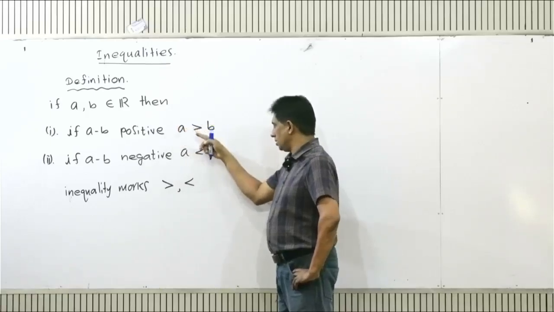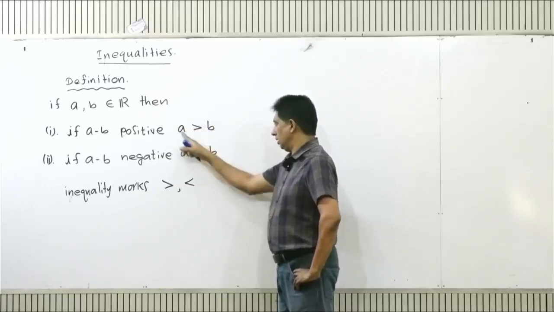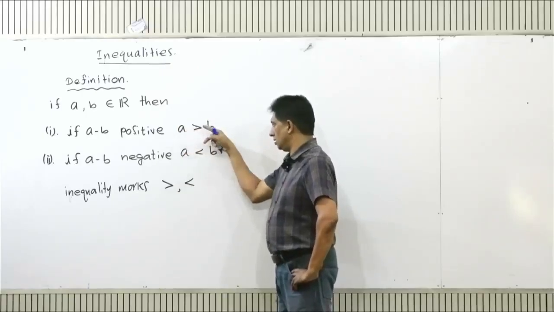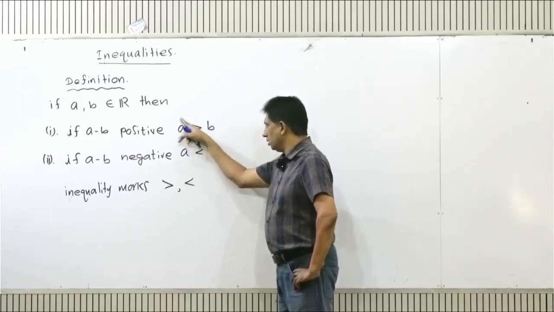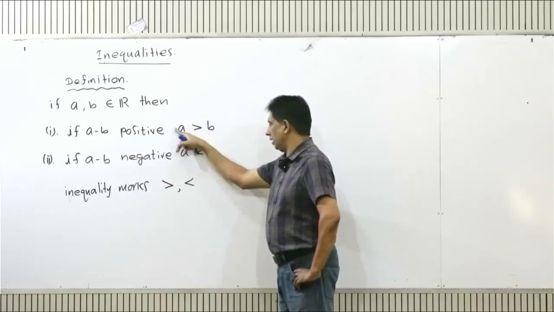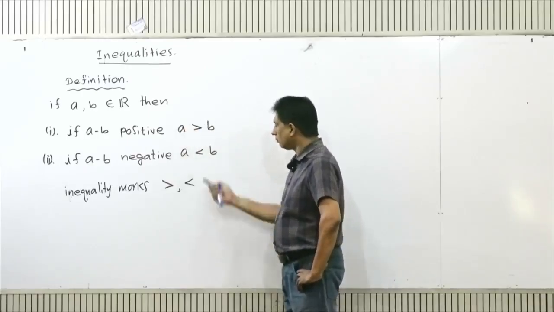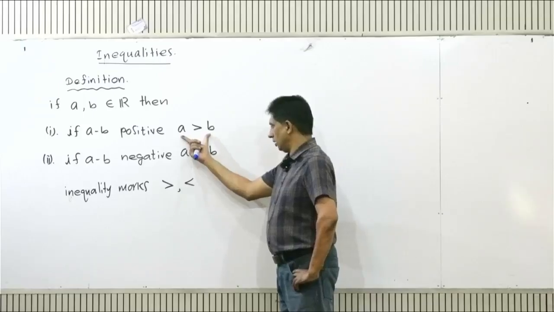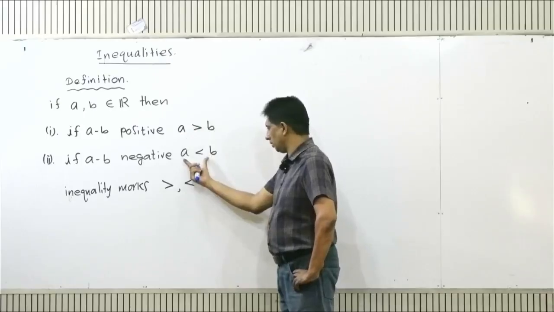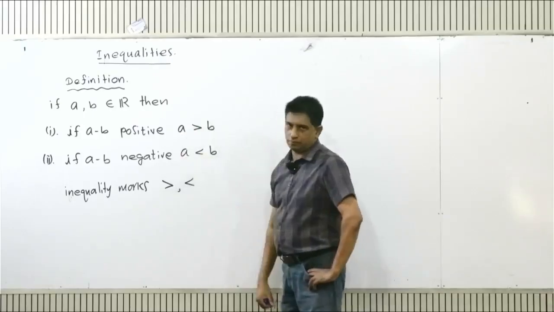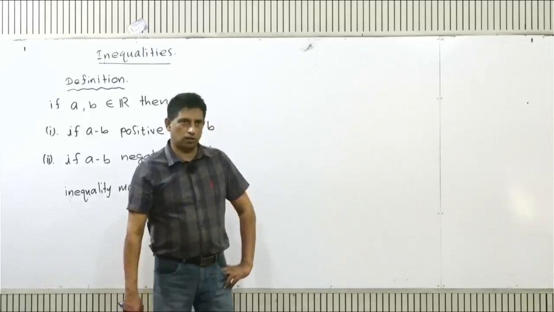A is greater than B. In this symbol, the open side number is always greater than the other side number. So we read this one as A is greater than B, and this one as A is less than B.